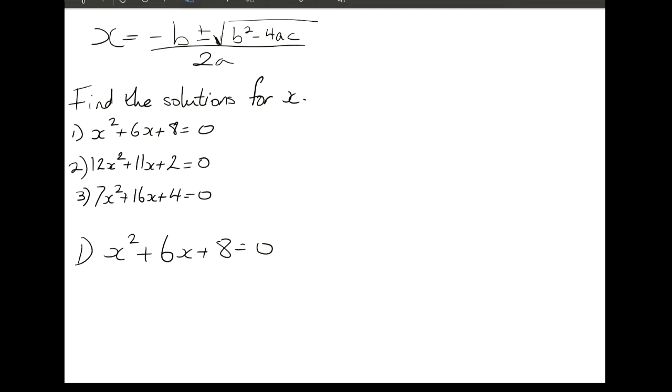To do that, we're going to look at our equation, x squared plus 6x plus 8, and from that find what these three letters are. The first term is x squared, and A is the coefficient of this x squared.